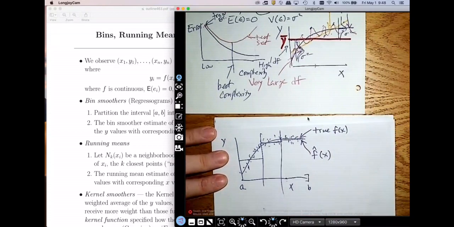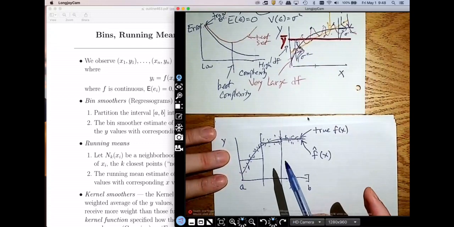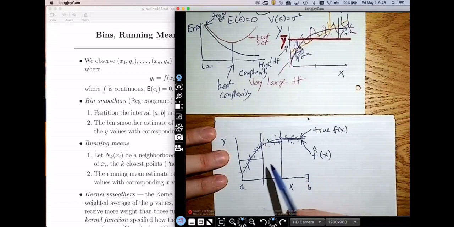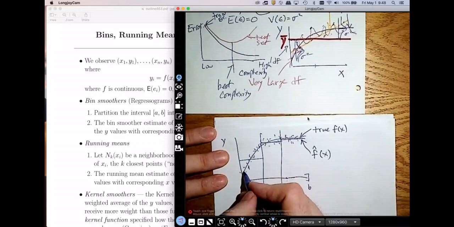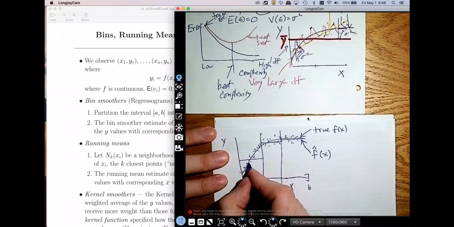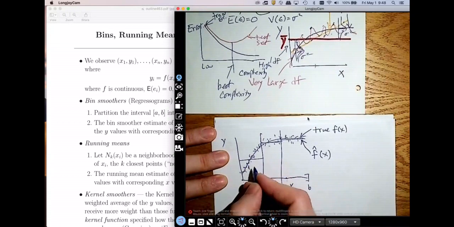Now, I want to just talk you through a couple things here. Number one, if I had a lot of data, so let's say I had 1 million data points, then I could have a whole lot of bins. So maybe I give myself 1,000 bins. And so what I hope you would see is that if I had 1,000 bins, each one of these, what I have here is a step function.